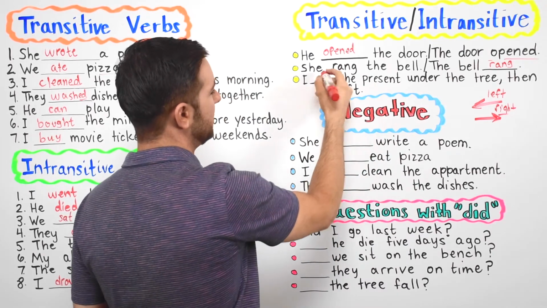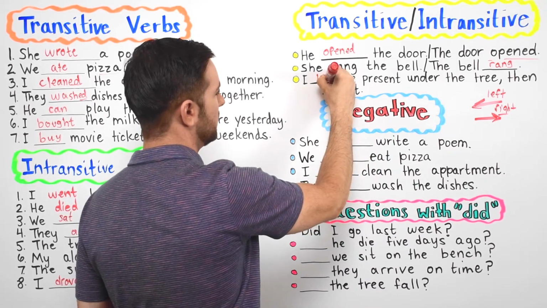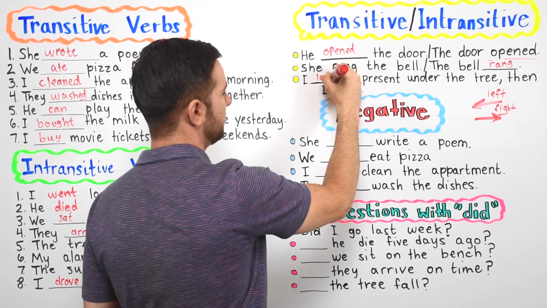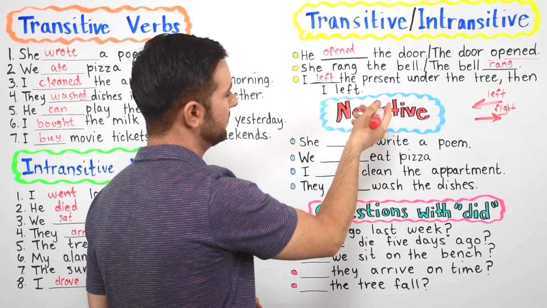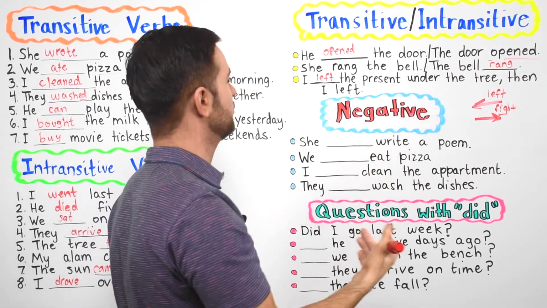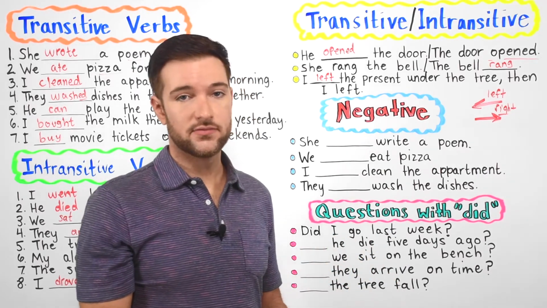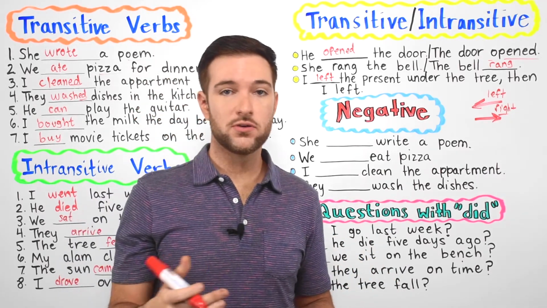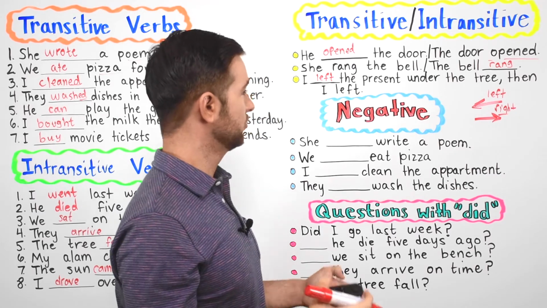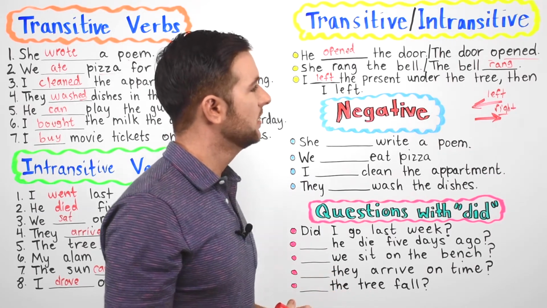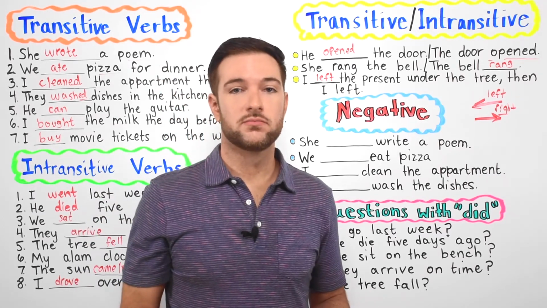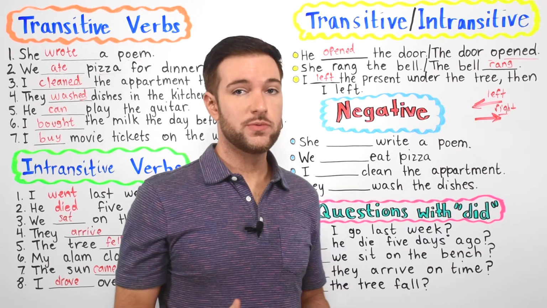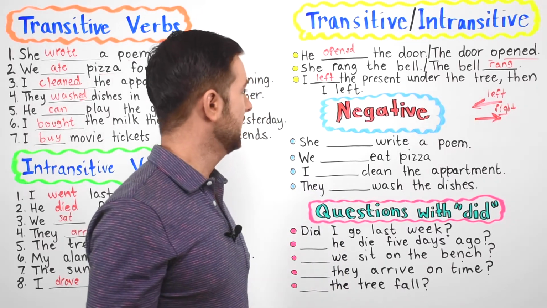We could say, I left. Okay, I left. J'ai laissé un cadeau, the present, under the tree, then I left. Okay, so j'ai laissé le cadeau sous l'arbre, right? Under the tree, under the Christmas tree. Then I left. Okay, so après, je suis parti. All right, then I left.